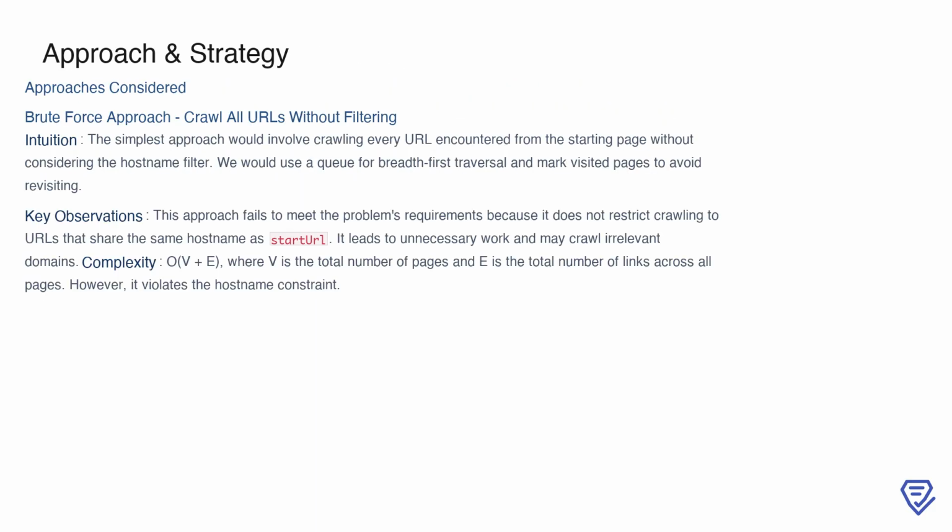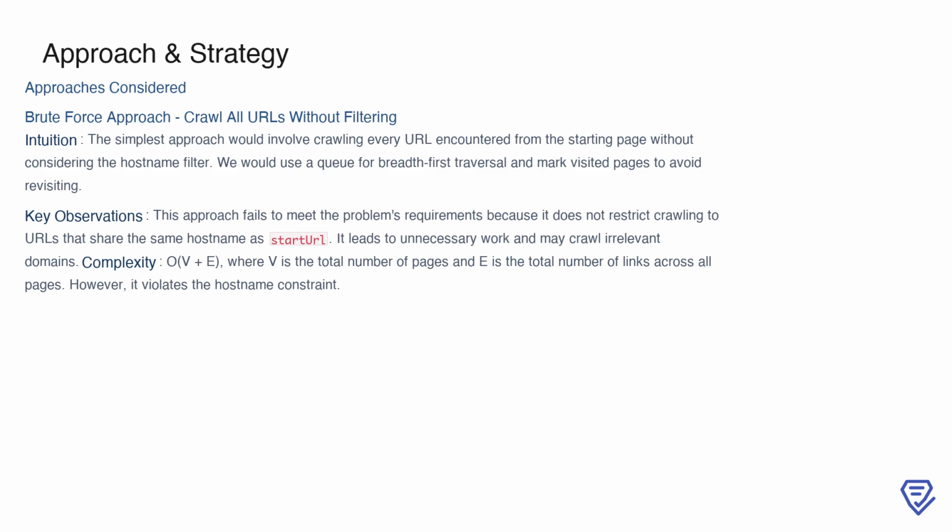To solve the web crawler problem, we first considered a brute force approach. The idea here is straightforward: crawl every URL encountered starting from the given start URL, without applying any filters. This could be done using a breadth-first search, where we use a queue to explore each page layer by layer, marking pages as visited to avoid revisiting them.